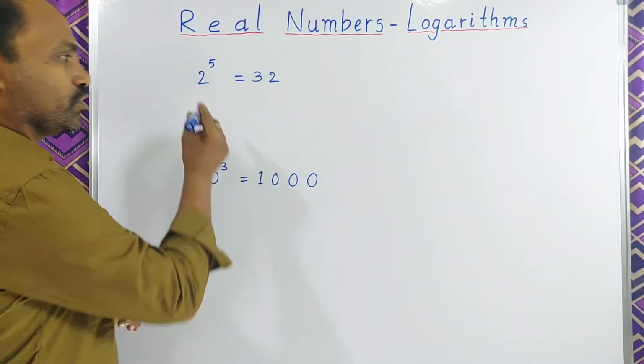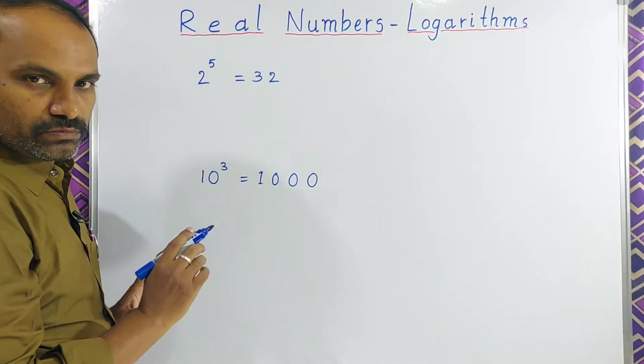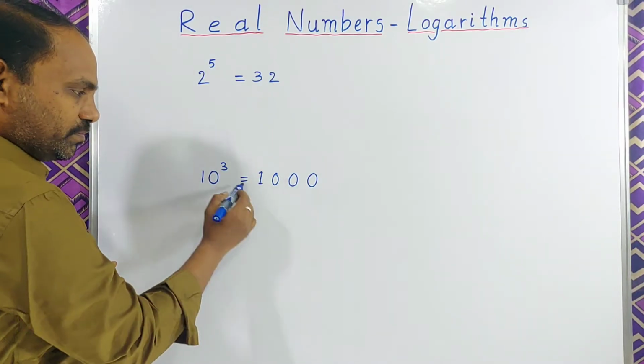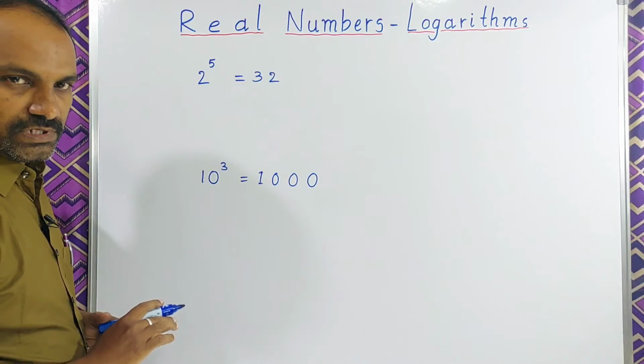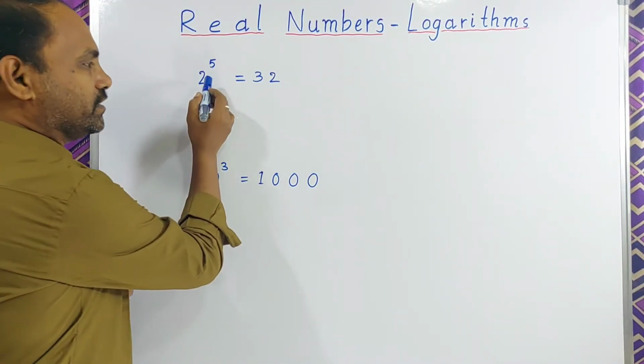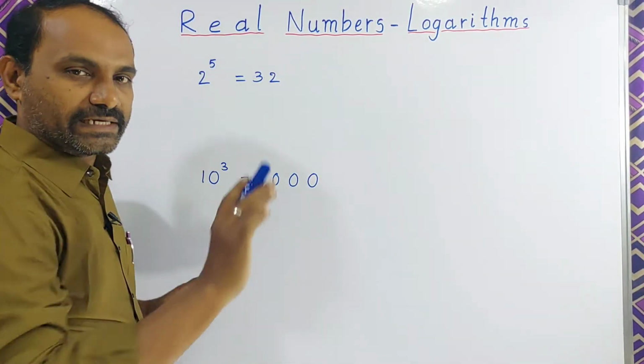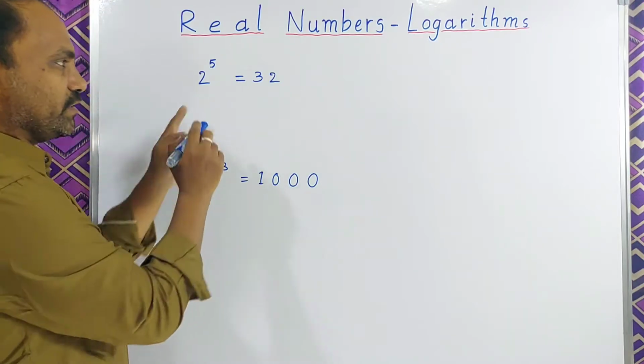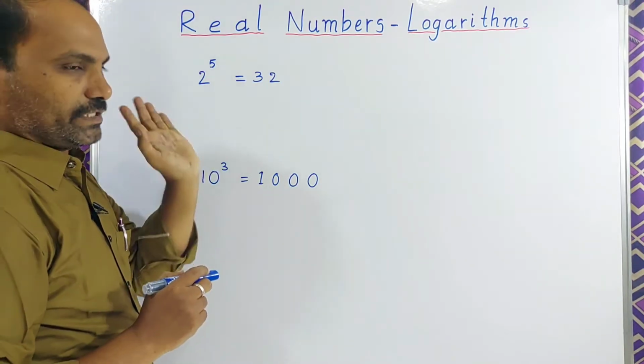What I said now? 2 power 5 equal to 32. Here 10 cube equal to 1000. Look at this one: 2 power 5 equal to 32. Is it? The value of 2 power 5 is 32.